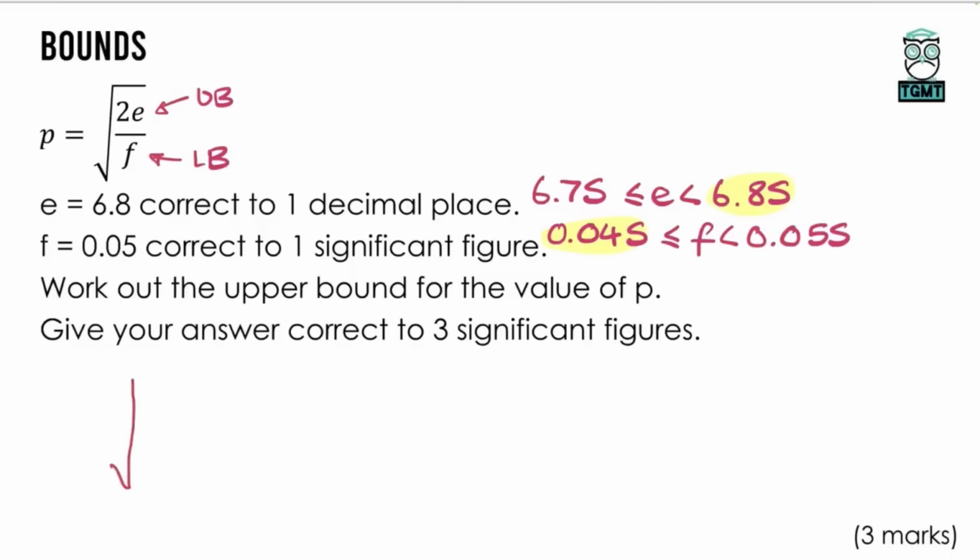So we're going to do the square root of 2 times 6.85, and on the bottom we're going to do 0.045.